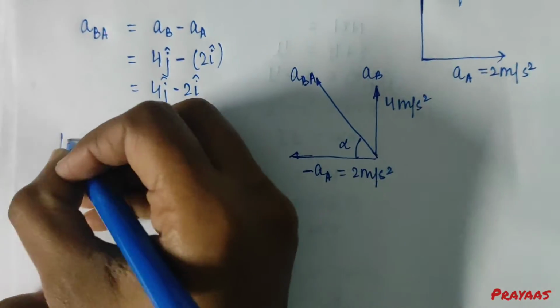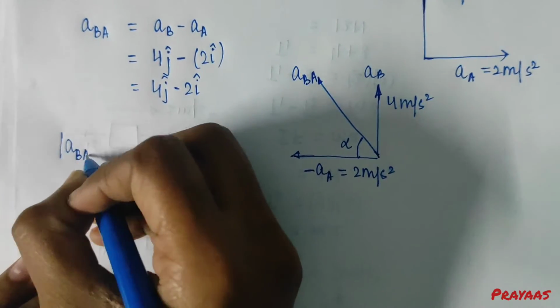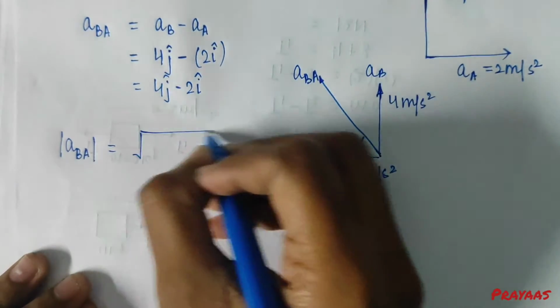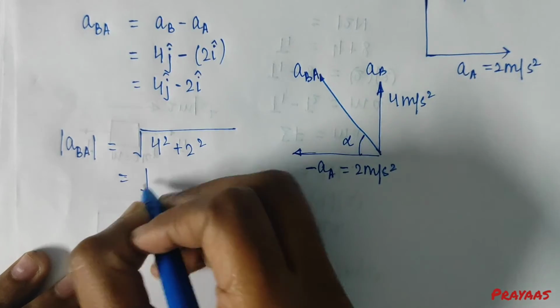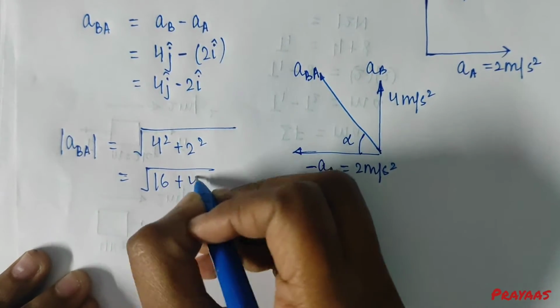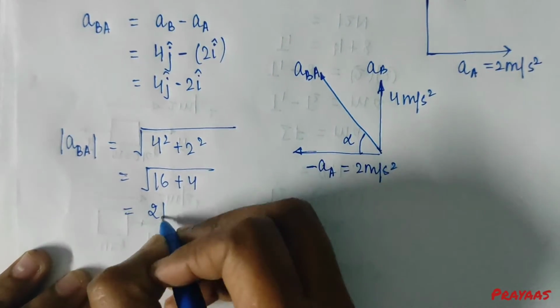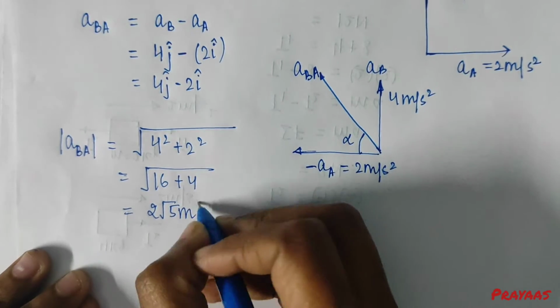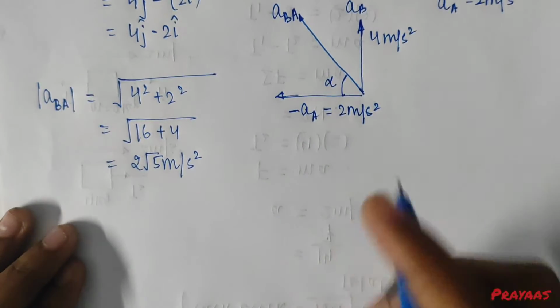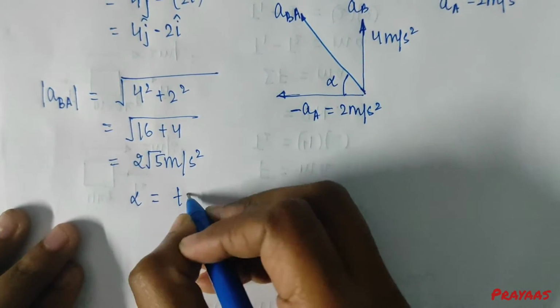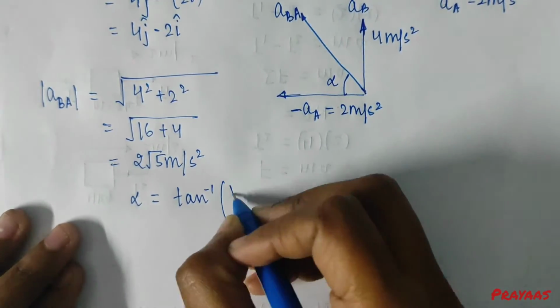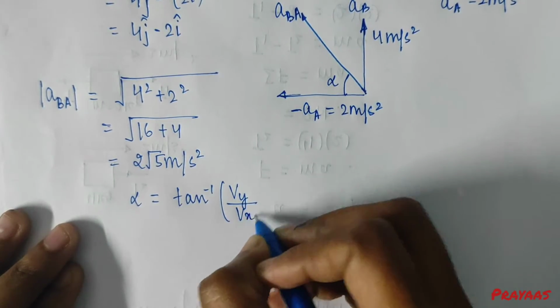So the magnitude of acceleration of B with respect to A will be square root of 4 square plus 2 square. 4 square is 16, 2 square is 4. This will be 2 root 5 meter per second square. For finding this angle alpha, alpha equals tan inverse of Vy by Vx.